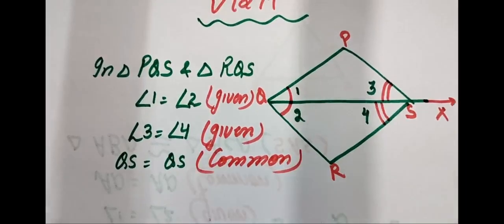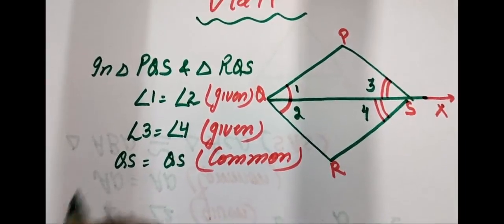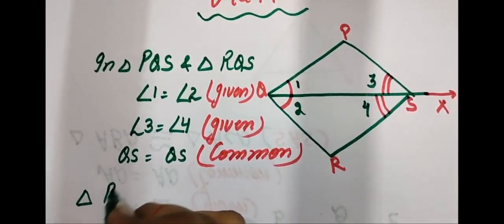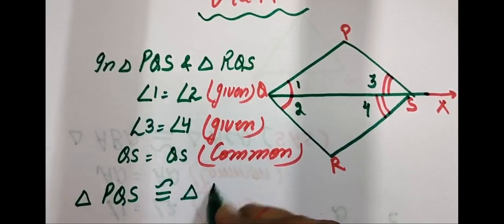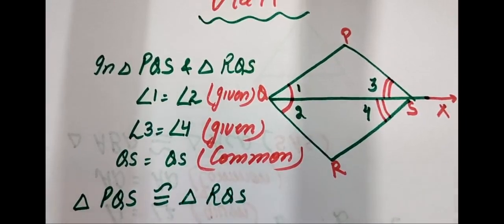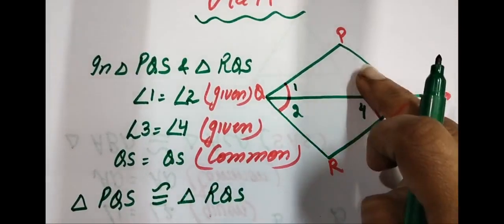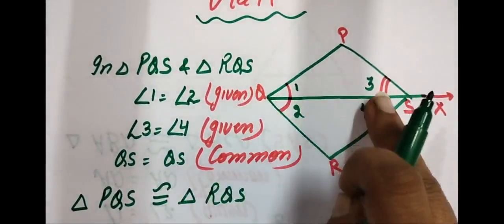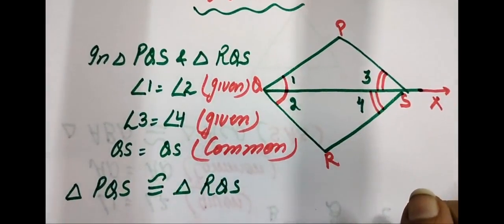So two triangles are congruent. According to the three corresponding parts, we can easily say that triangles are congruent. But here you have to check which criteria you are using. So here angle, then side and the other angle. That means the side you are taking and both the angles are the endpoints of the same side.